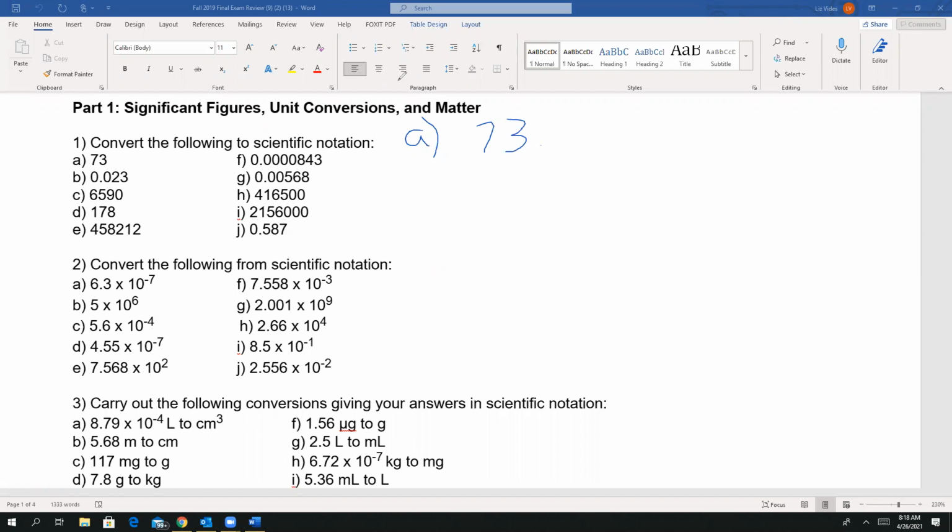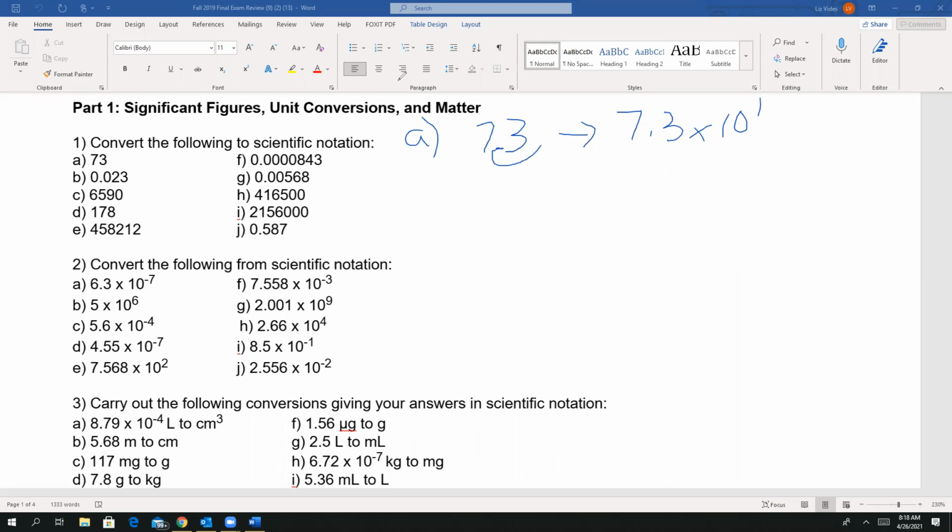So that would be here, right? So we moved it once. So that becomes 7.3 times 10 to the 1, since we moved it once. And it's also greater than 1.